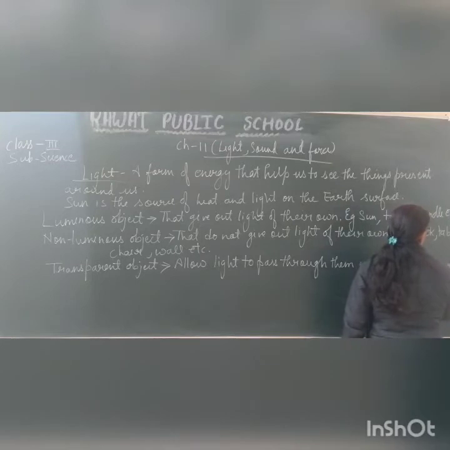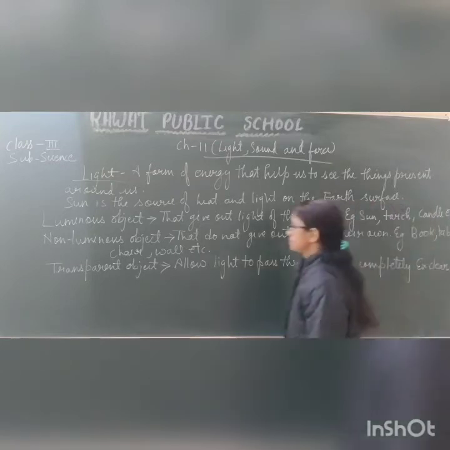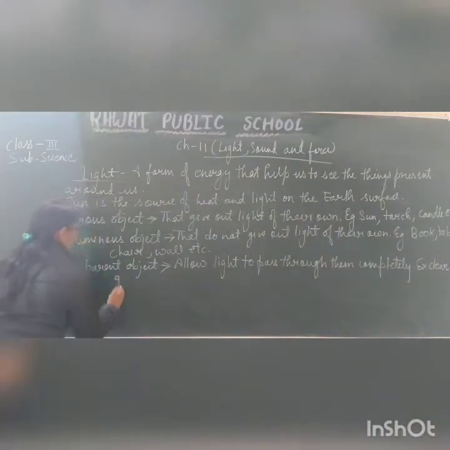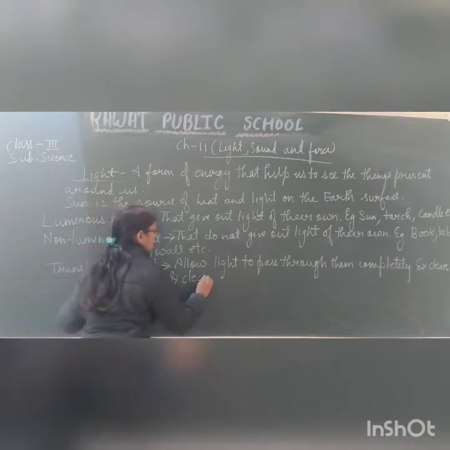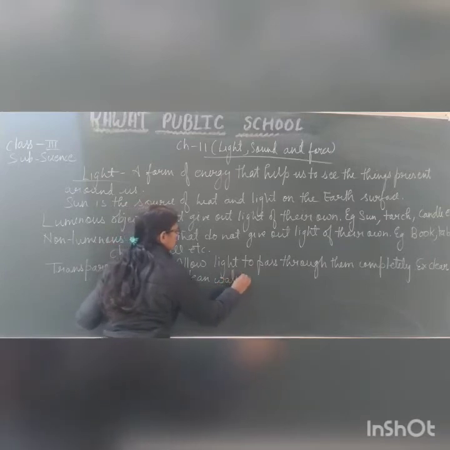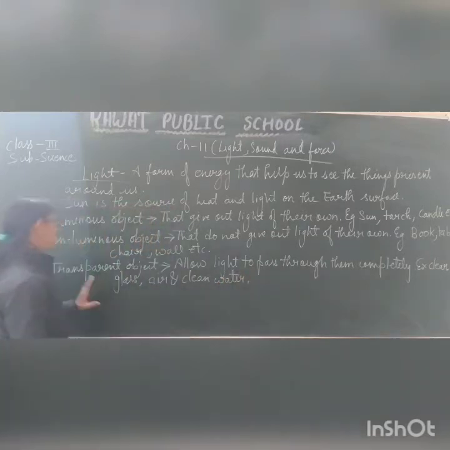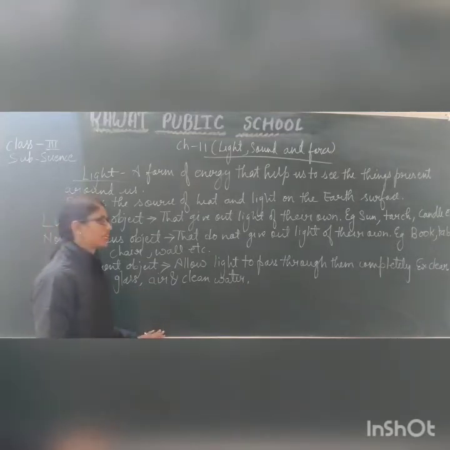Example, clear glass. Clear glass is an example of a transparent object. Air and clean water are also examples of transparent objects that allow light to pass through them completely.